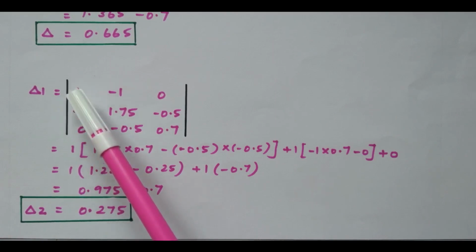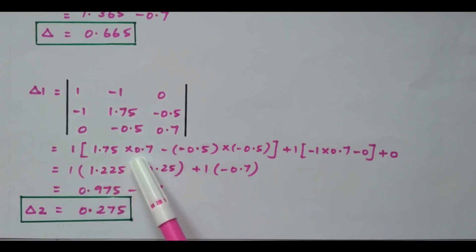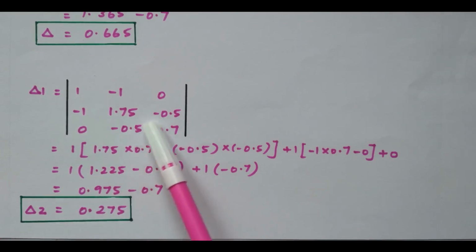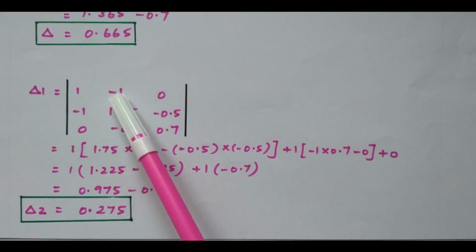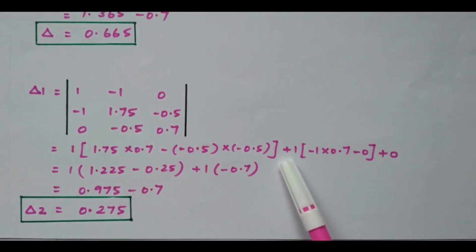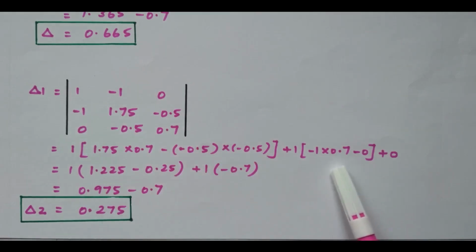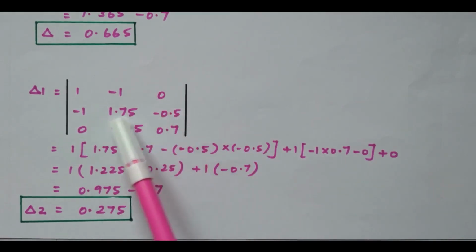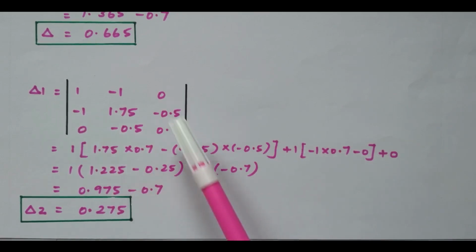We determine this: 1 into, you have to multiply these two, 1.75 into 0.7 minus, multiply these two, minus 0.5 into minus 0.5. Then the second term, minus 1. Already we normally will put negative here. Already one negative, so it becomes plus. Then you have to multiply these two, minus 1 into 0.7 minus these two. These two already 0 is there, so automatically it becomes 0. The third element also 0.